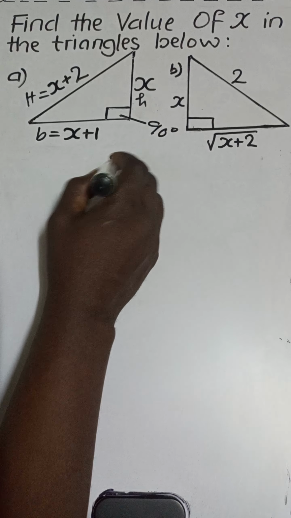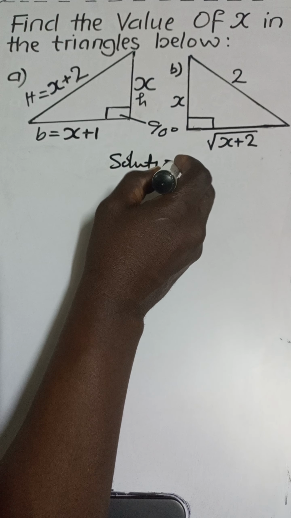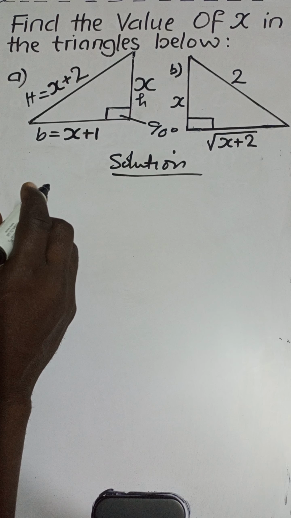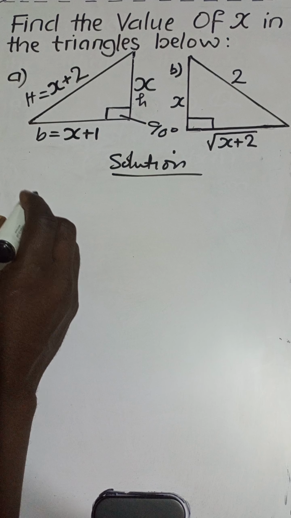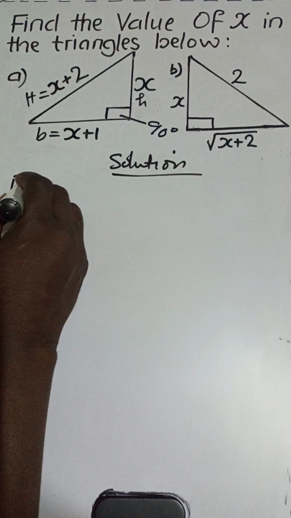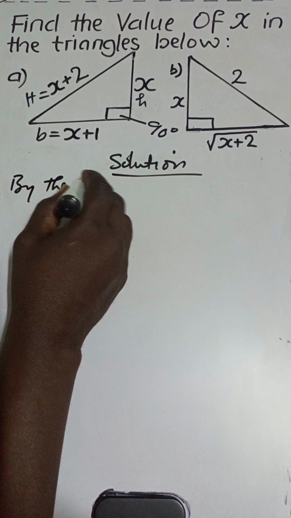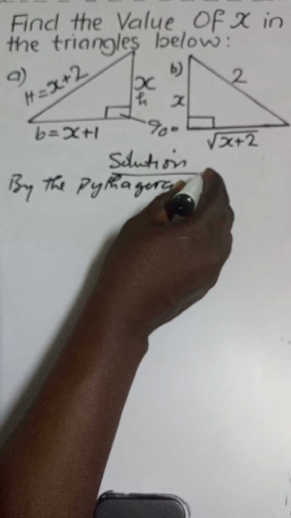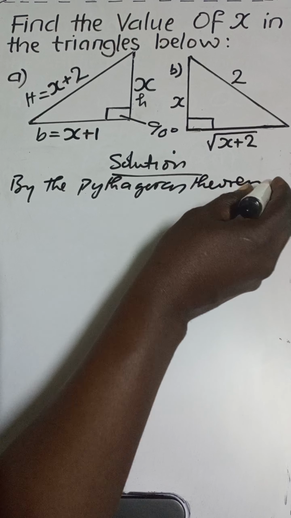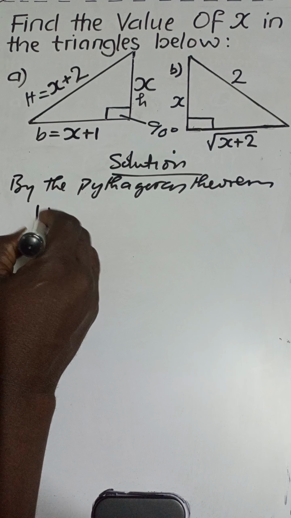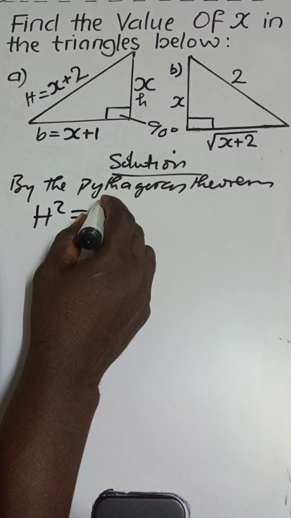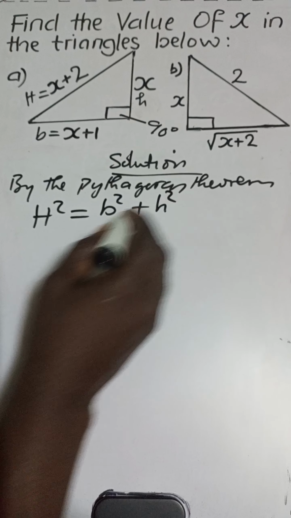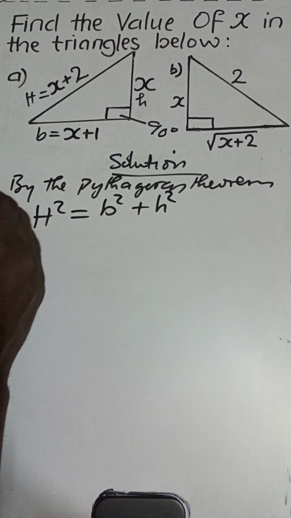Then the next thing is to now remember one of the fundamental properties of a right angle triangle, which is the Pythagoras theorem. The Pythagoras theorem says that the hypotenuse squared is equal to the sum of the squares of the other two sides that we can call the base and the height.